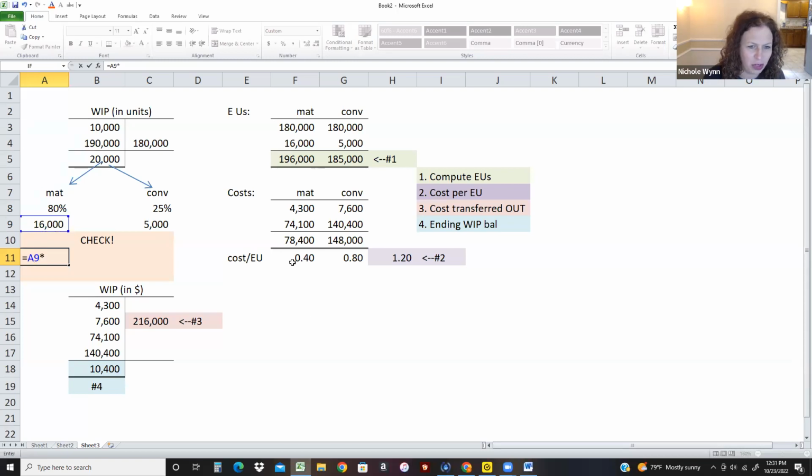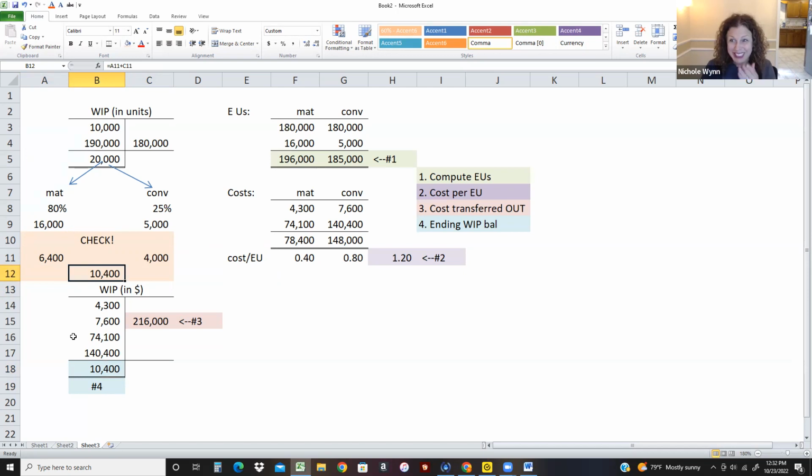So I'm going to take it times the cost per EU for material. And then I'm going to take the 5,000 times the cost per EU for conversion. And then if I add those 2 numbers together, I get 10.4, which matches that one. So that means that I did everything right. So pretty. Okay, let's go ahead and take a screenshot of this one.